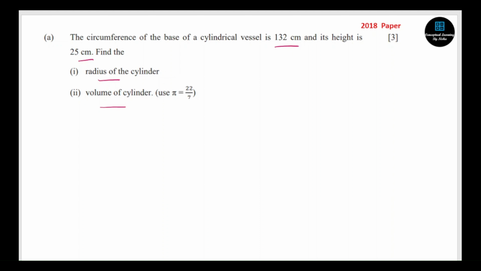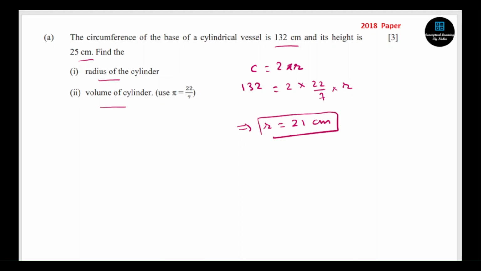Based on the circumference, I can find the value of R. So C equals 2 pi R, and it is 132, which equals 2 times 22 over 7 times R, and I can find the value of R, which is nothing but 21. So I got my final answer, the radius of the cylinder. You have to write this.